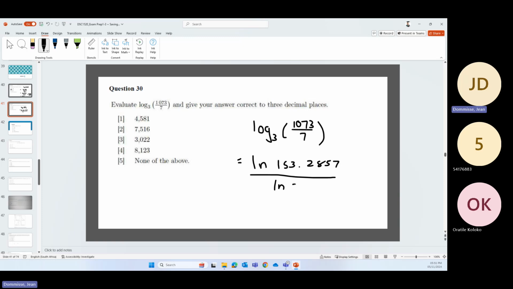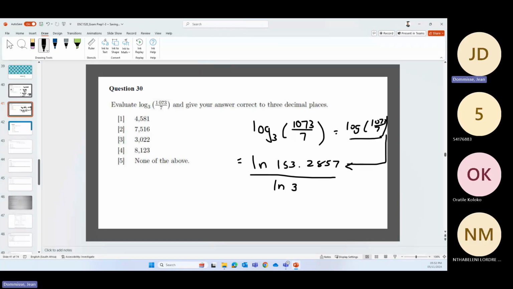So the top one is basically, let's rewrite it, log of 1073 divided by 7. That is the top part. And then if I divide it by log of 3, that is the bottom part.